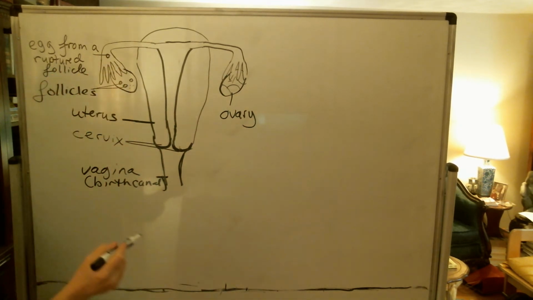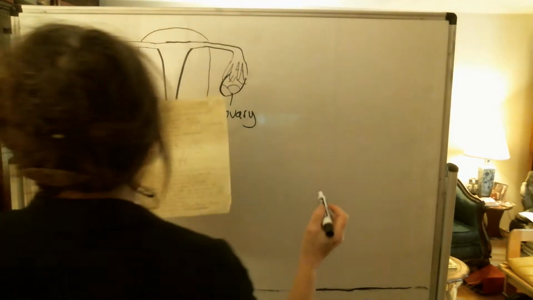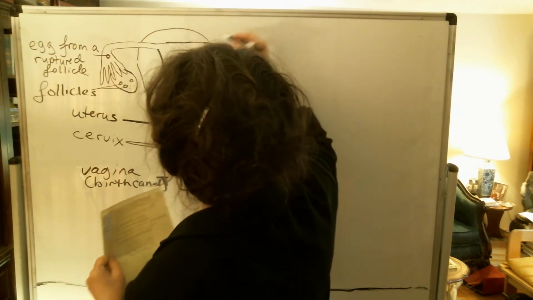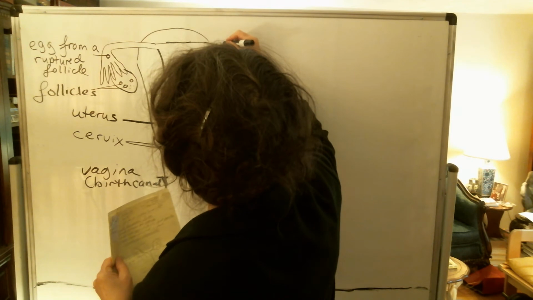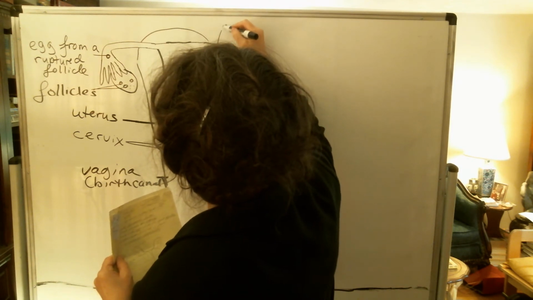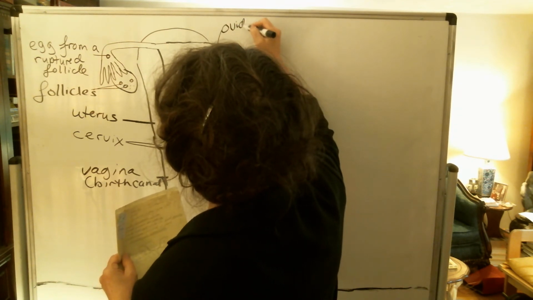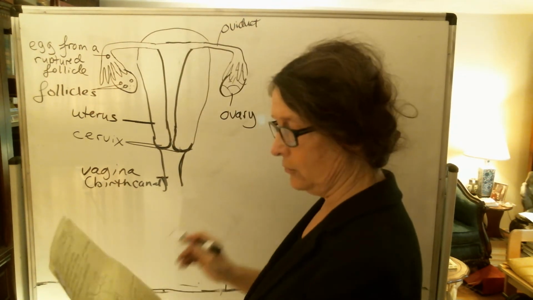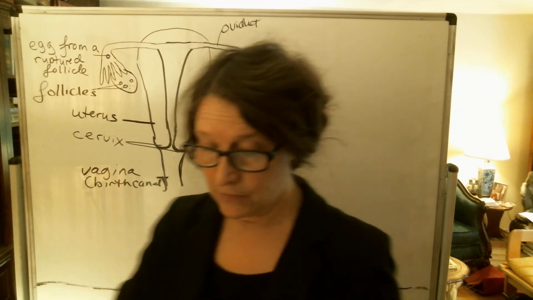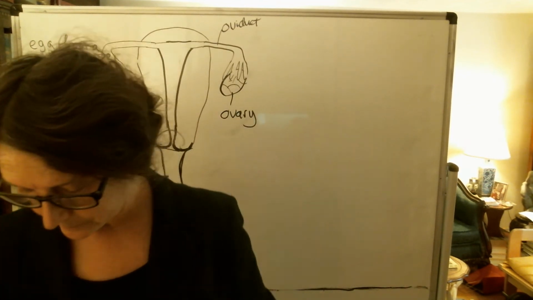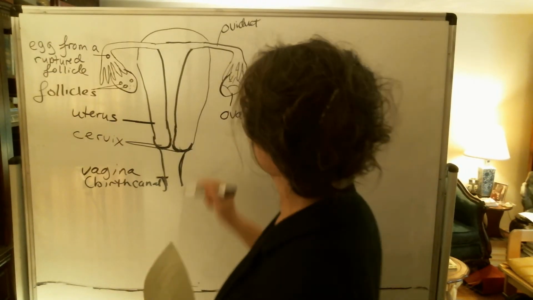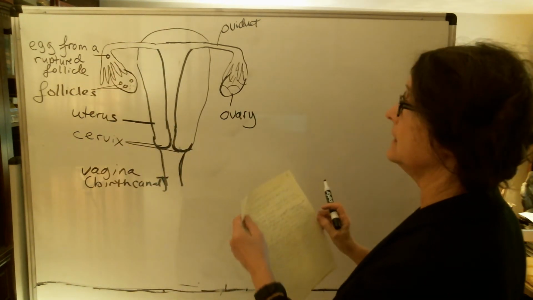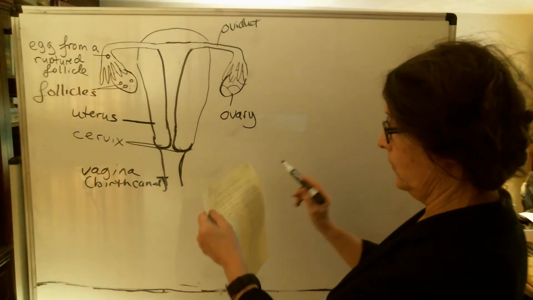So it is starting its trip there, and it is now in this tube, which on both sides then is known as the oviduct, also known as the fallopian tube and the uterine tube. So a bunch of names for the same thing. So here we have ovulation has just taken place. That egg is now in the oviduct.